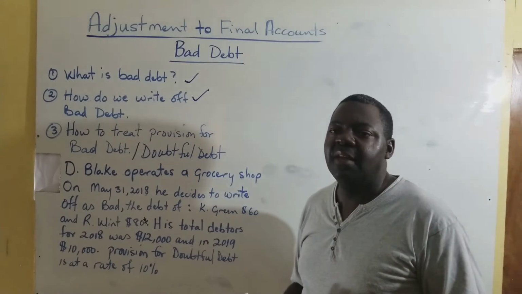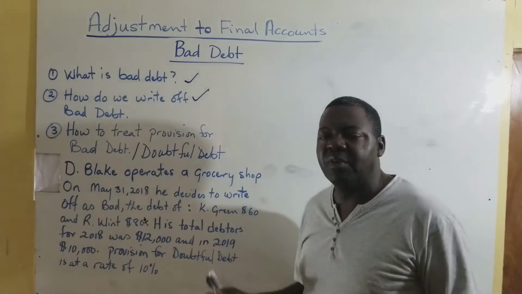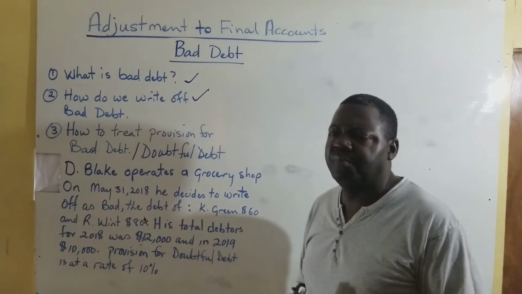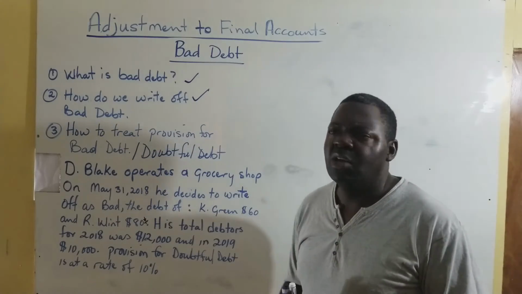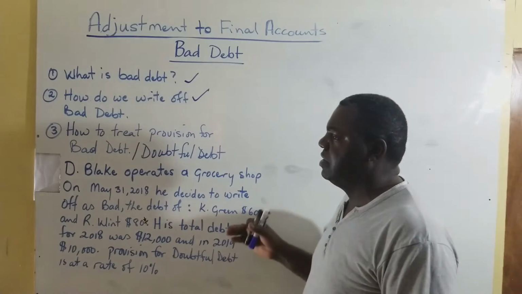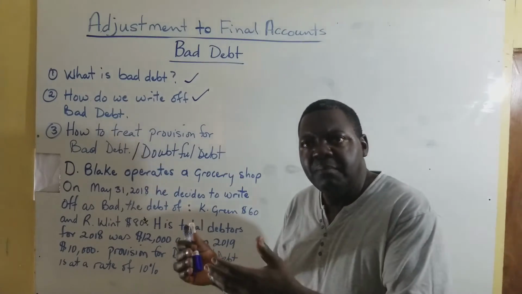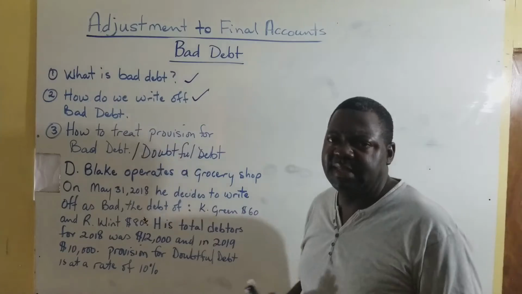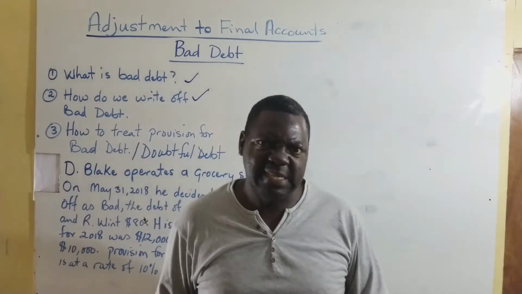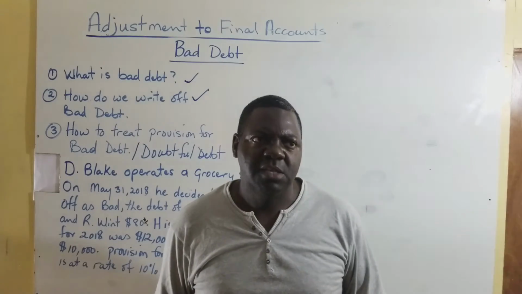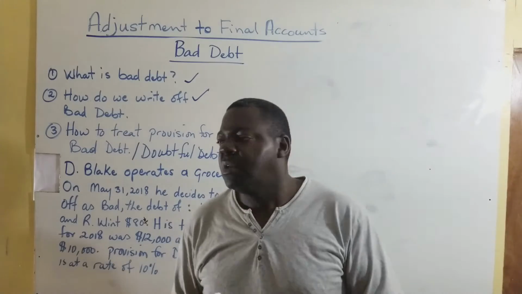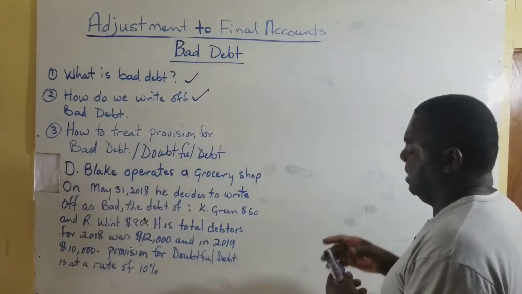And you're saying, based on experience and operational situation, there's a possibility that perhaps 10% of those persons will not pay you, based on the goods you have sold on credit. And you don't just make that estimate and leave it like that. You want to put the business in a safe position so that it can deal with any kind of shocks that may occur. So the provision for doubtful debt is opened.